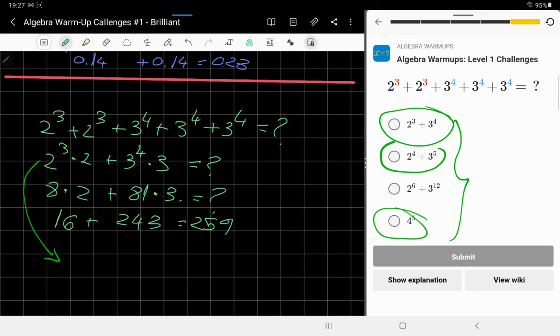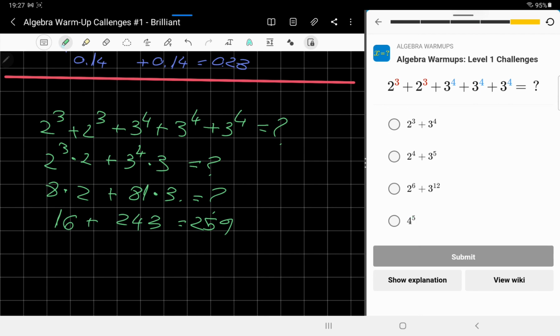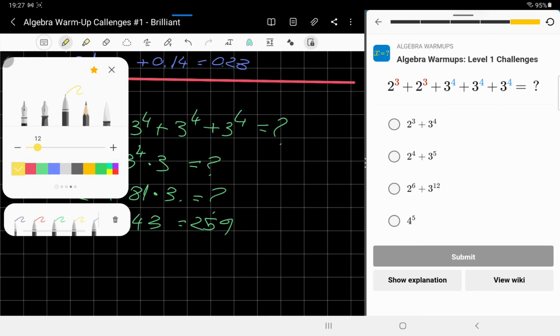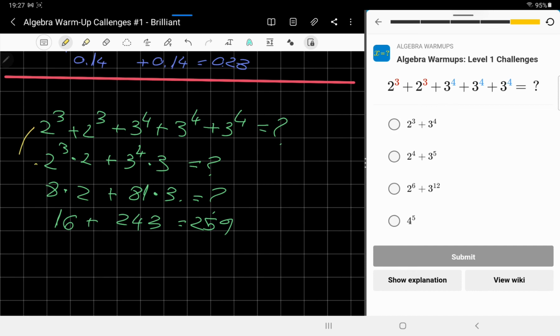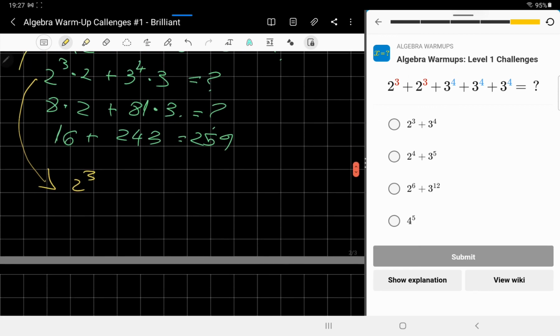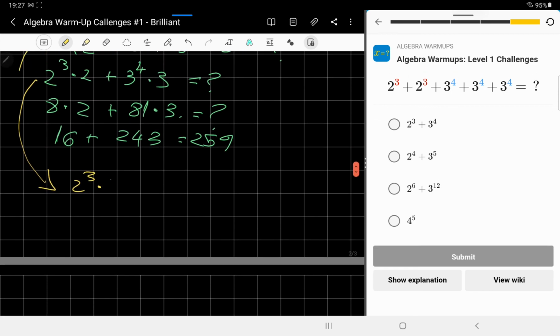Because in this case, if we do it like this, from here, 2 to the power of 3 times 2 can also be said as 2 to the power of 3 times 2 to the power of 1, and we just add these two, so it's 2 to the power of 4.